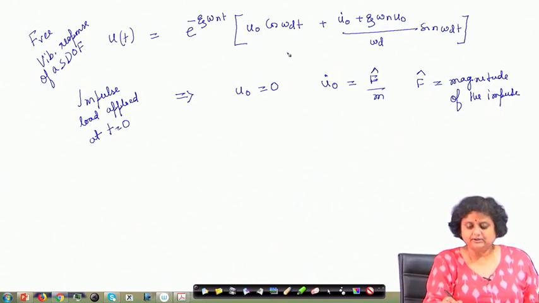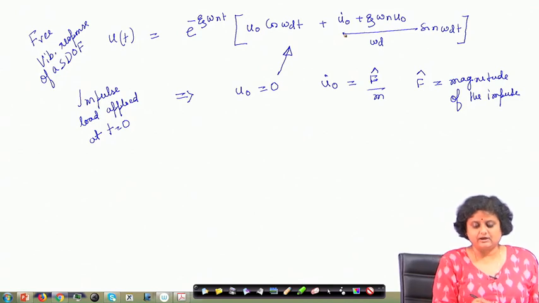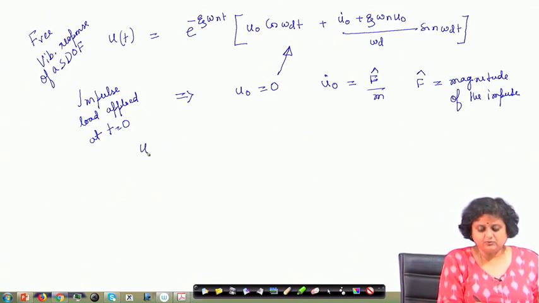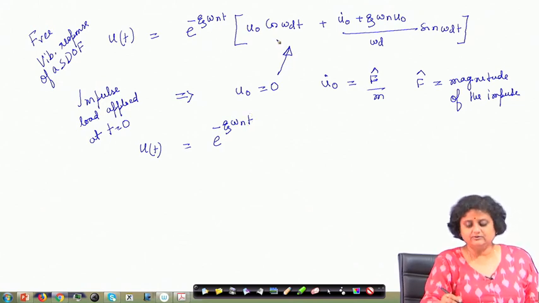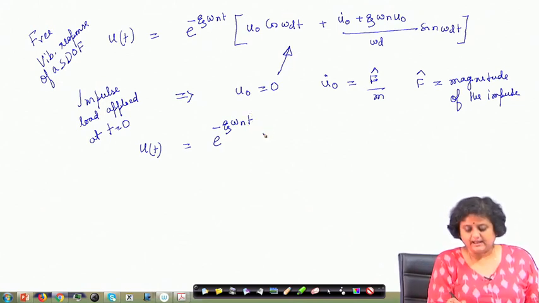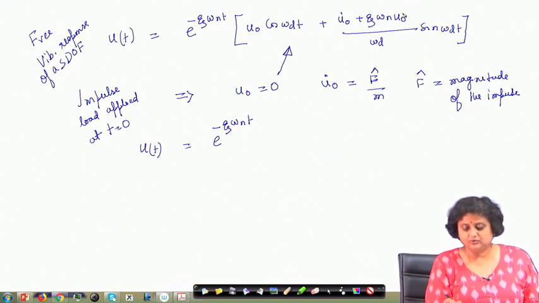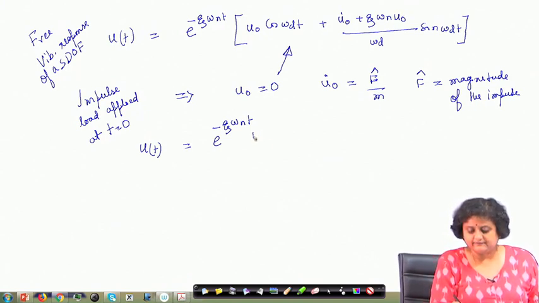Now, if I substitute these initial conditions into this response, we get u(t) as e to the power minus zeta omega n t. u0 is 0, so this goes to 0, and then this also goes to 0. So, then I have f hat by m omega d into sin omega d t.